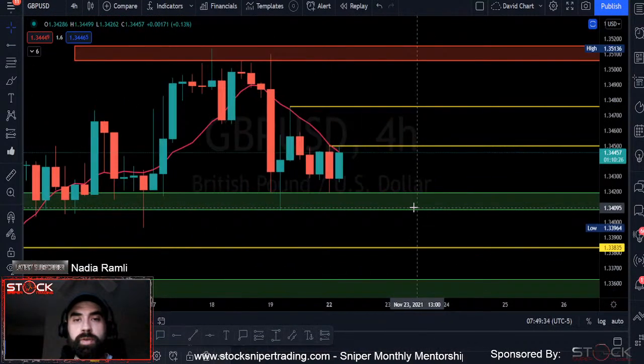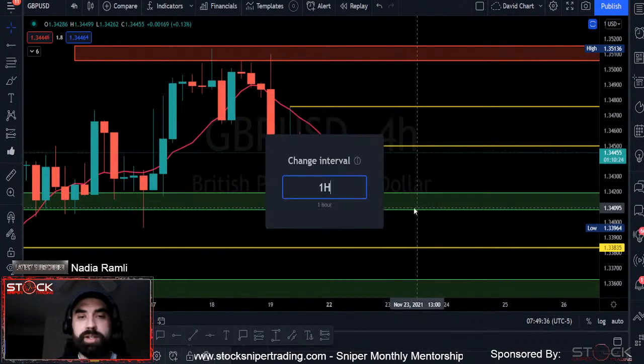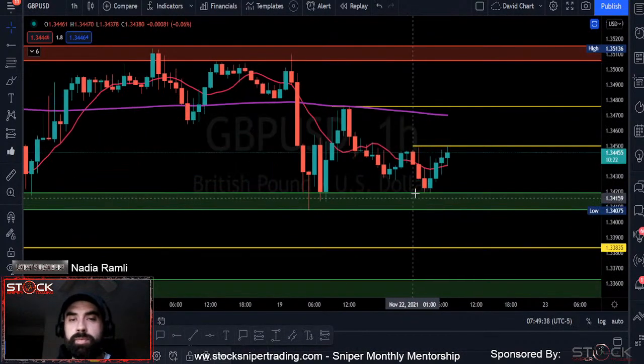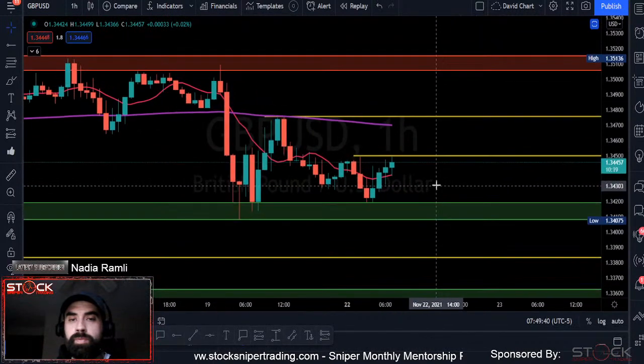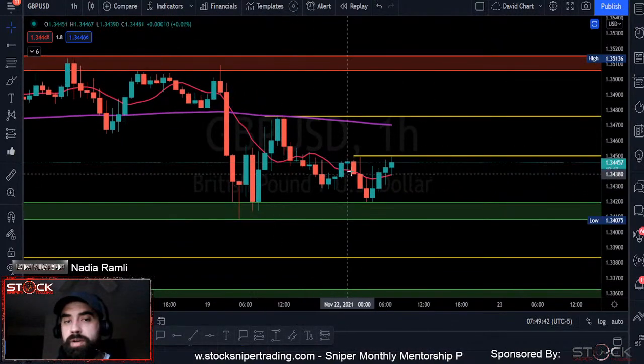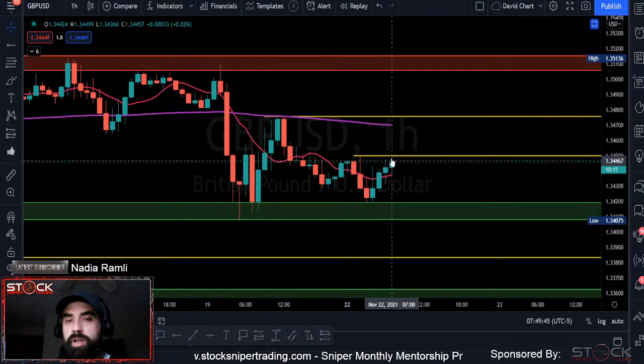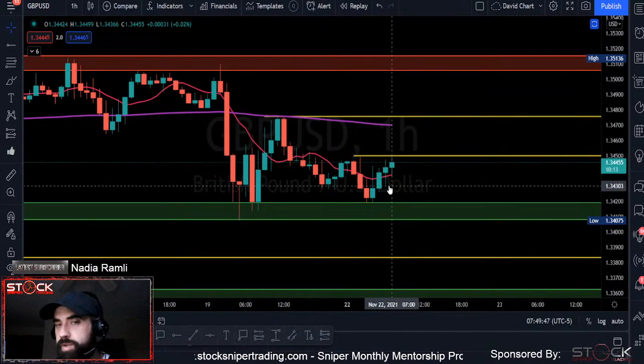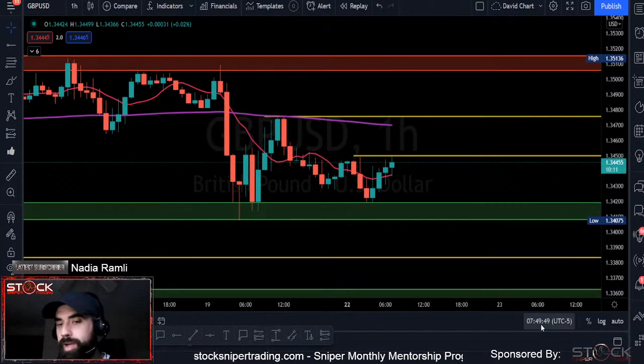Perfect. Okay, so let's check it now on the hourly, guys. You can see it's pushed down here, rejected, attempting this spot again. There's still 10 minutes left on the hourly candle. Remember we talked about 8 o'clock.